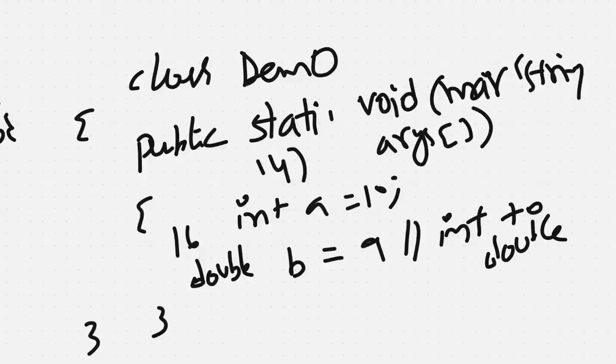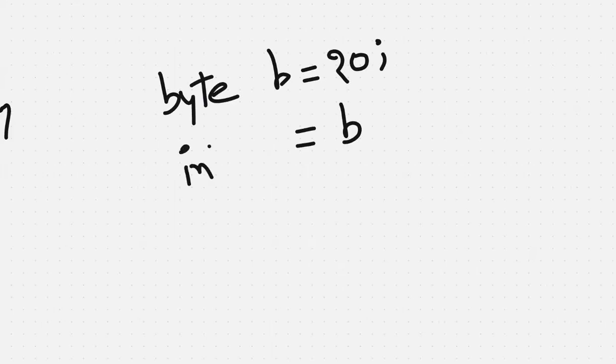Okay, so one more example I can explain. For example, I can take byte B equal to 20. Here I can convert this B into int, like a I. Now I want to convert I into long.